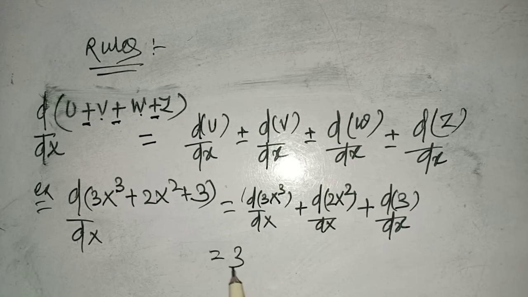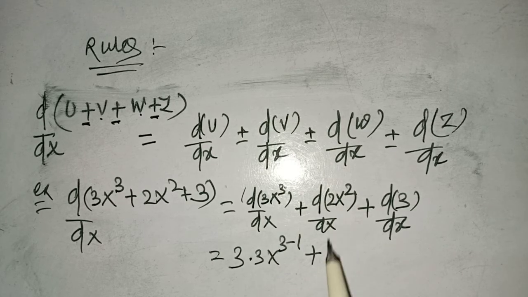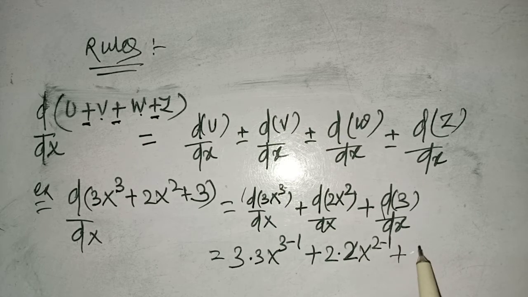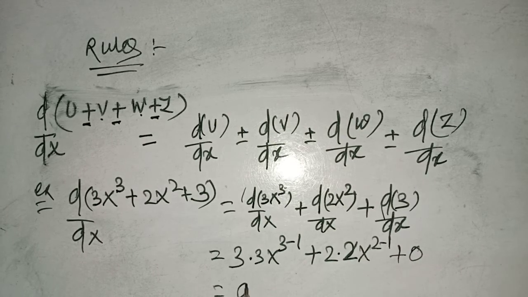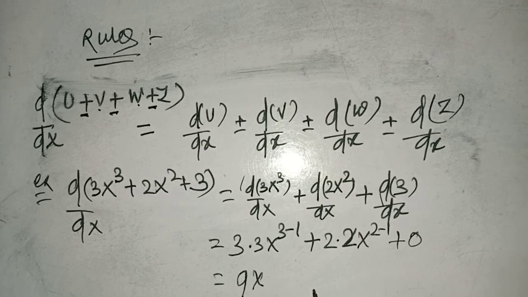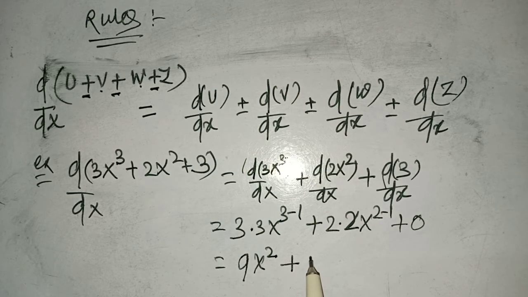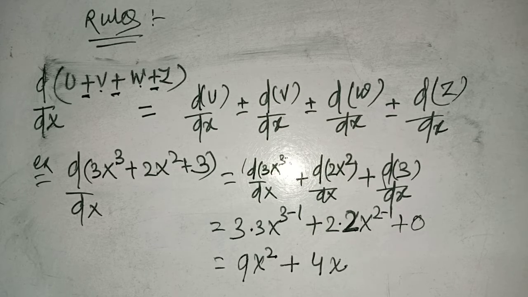So 3 will come out and this 3 is n, so x to the power 3 minus 1, plus this 2 will come out into 2x to the power 2 minus 1, and this is constant, so 0. So your answer is 9x square plus 4x.